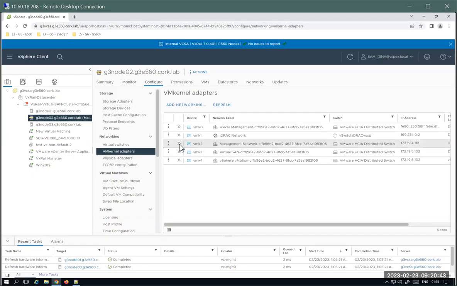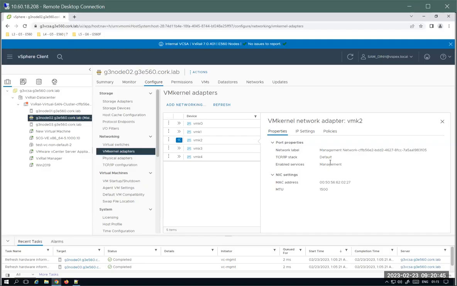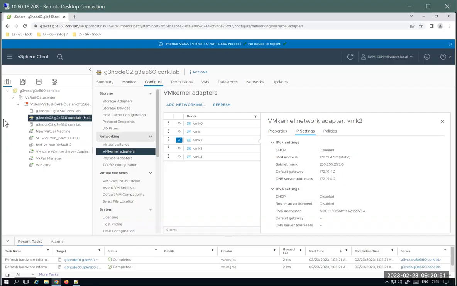Okay, let's move to VMK2. VMK2 is the actual VMK we use daily. When you want to go to the host, yes, we use this IP, right? And this IP is actually resolved by DNS to this fully qualified domain name.